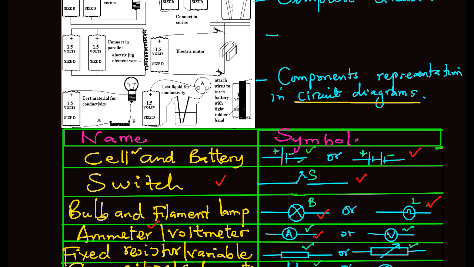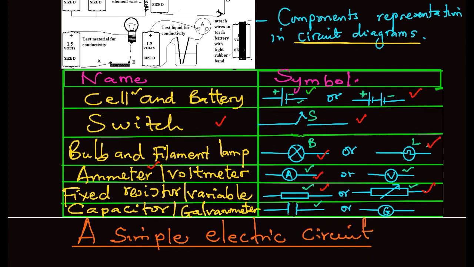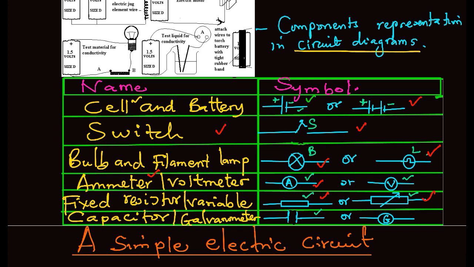Fixed and variable resistors. For a fixed resistor, we have that. For a variable resistor, we have that other diagram. We also have other components like capacitors, galvanometers, and the rest that can be used in more complex circuit diagrams.